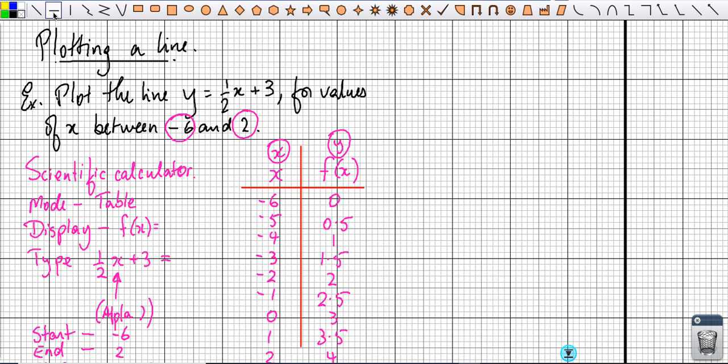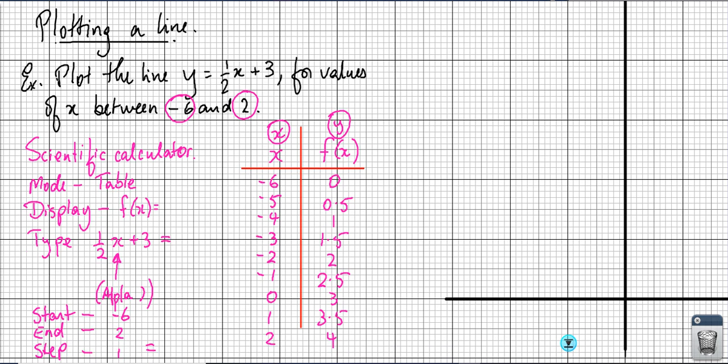So in this case, we don't need values of y which are negative. So this is 2, this is 1, minus 1, minus 2, minus 3, minus 4, minus 5, and minus 6. On y, I need up to 4, so this is 1, this is 2, this is 3, this is 4.